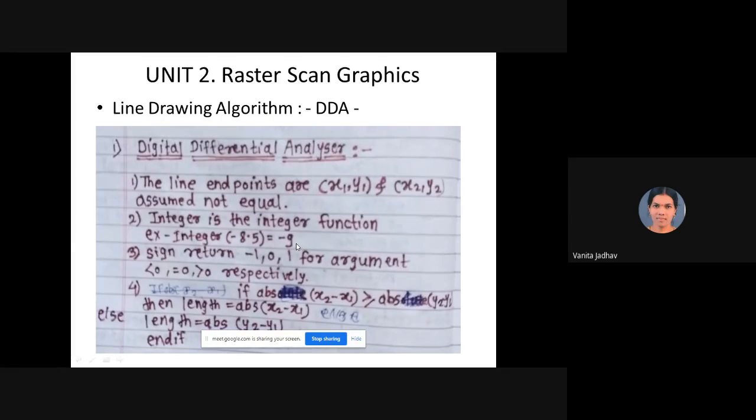Are you agree with me? Yes, ma'am. Okay, so -8.5 is greater than -9, and it takes the smaller rounded figure. So if I pass the minus value, it returns -9. If I take another example, integer of plus 8.5, in that case it returns 8. Got it?